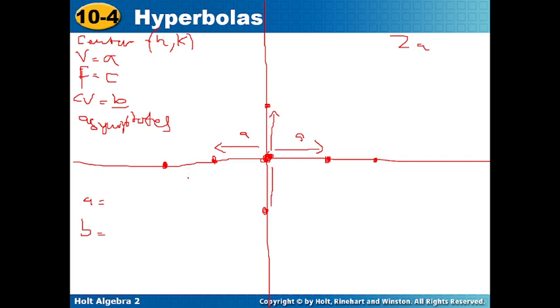But if you have the measures coming from both ends of the co-vertices, you have 2B, okay? While coming from the center up until the focus, you have the value of C. Or if you get the measure from the first focus to the other focus, it will be, of course, 2C.